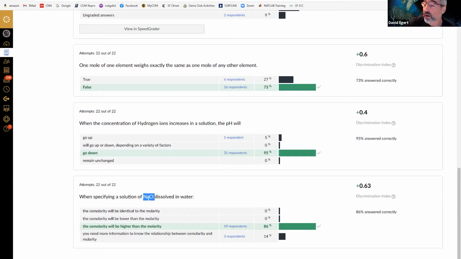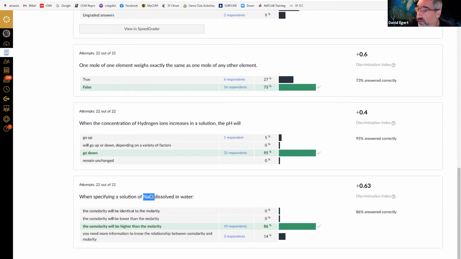So osmolarity is always going to be double whatever the molarity is. However many moles of NaCl we have, we get twice that many particles, because we have an Na and a Cl independent for every NaCl that went in.